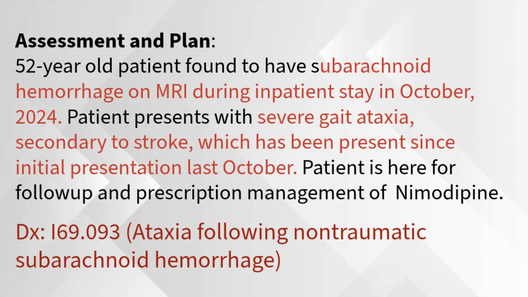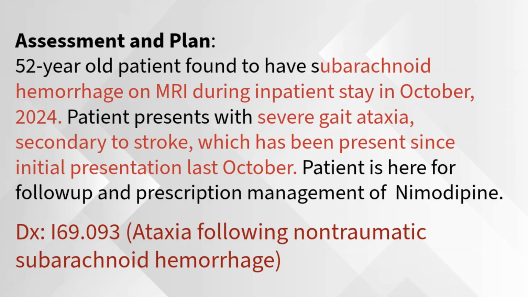This is a 52-year-old patient found to have a subarachnoid hemorrhage, which was discovered on MRI during their inpatient stay in October 2024. The patient presents today with severe gait ataxia secondary to the stroke, which has been present since their initial presentation last October. Patient here today for follow-up and prescription management of nimodipine.